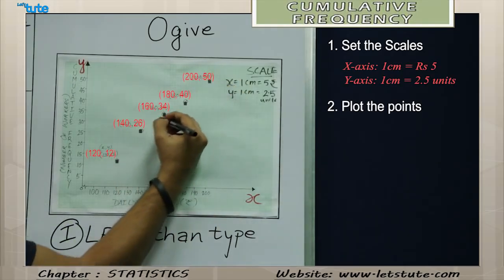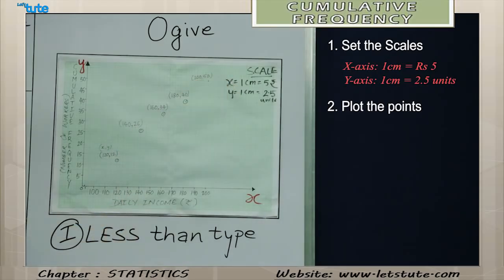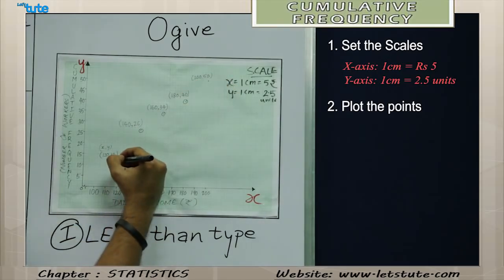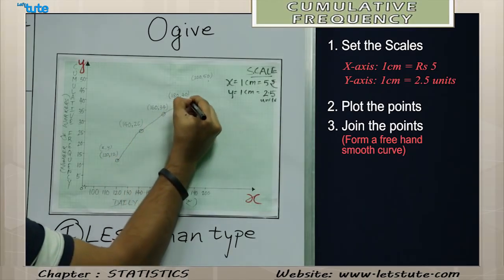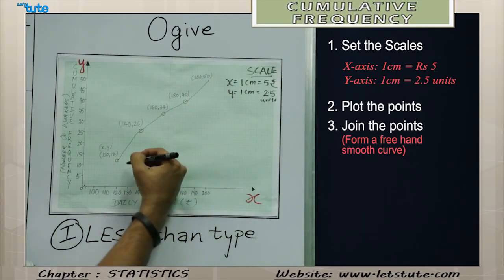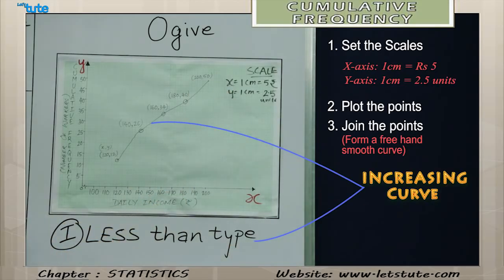After we plot the points, we have to form a smooth freehand graph. Now this is an increasing curve which is characteristic of a less than type ogive.